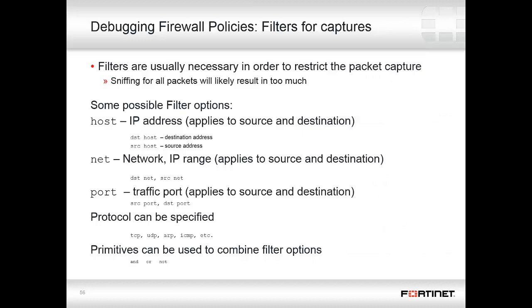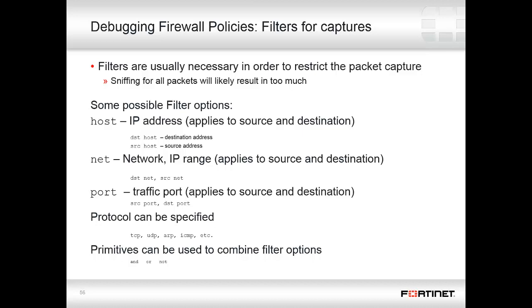Creating proper filters is very important when you do a packet capture. No filter means it will look at all the traffic for that interface, which, unless you're in a test environment, is probably going to be a massive amount of extra traffic that you would need to sift through. The most commonly used filter options are to specify the host or network by source and/or destination.